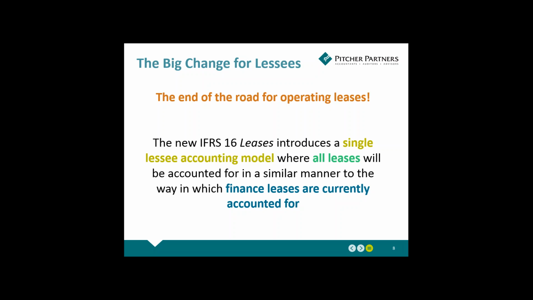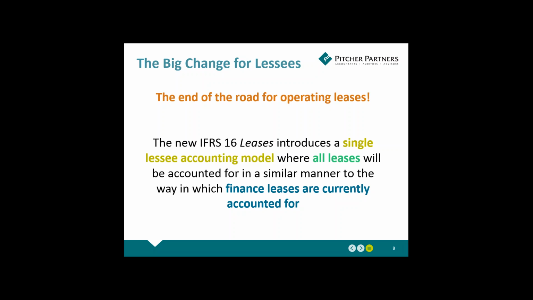Going forward, all leases, so the current finance leases, the current operating leases, all of them will be treated exactly the same way, and that is we'll have an asset and a liability in the balance sheet, and we'll depreciate that asset over the period of the lease, and we'll have an amortization table that will determine as we make the lease installment, which part is a repayment of the loan and which part is interest on that loan. So whatever we currently do for finance leases, going forward, we'll do that for all leases.